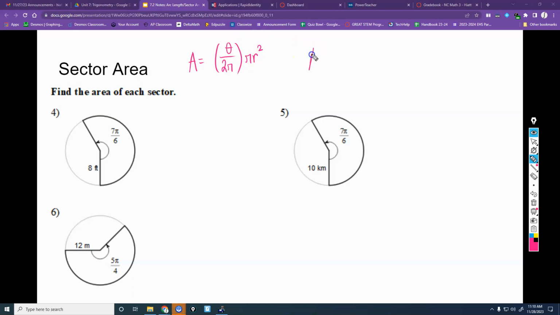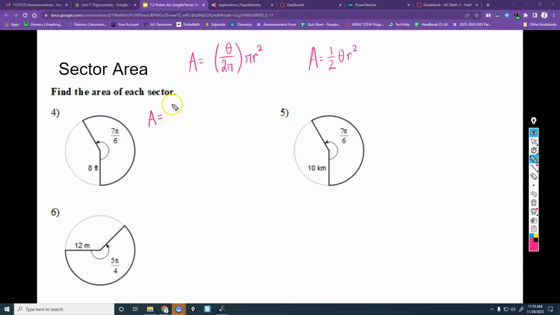Or the short version, I like the 1/2 theta r squared the best instead of theta r squared over 2, but you can use either one. Since theta is often a fraction, if you do divide it by 2, you end up having to flip and multiply. So definitely it is easier to use that second formula.